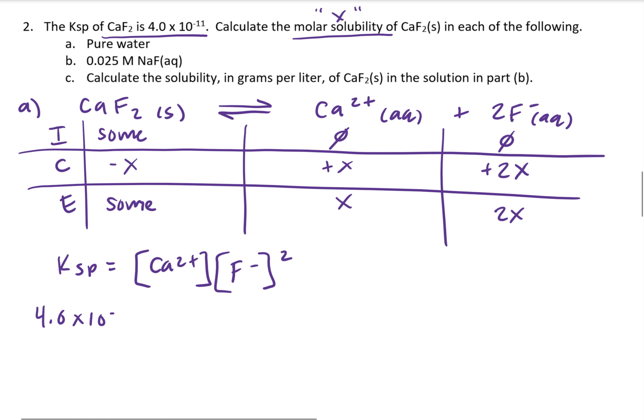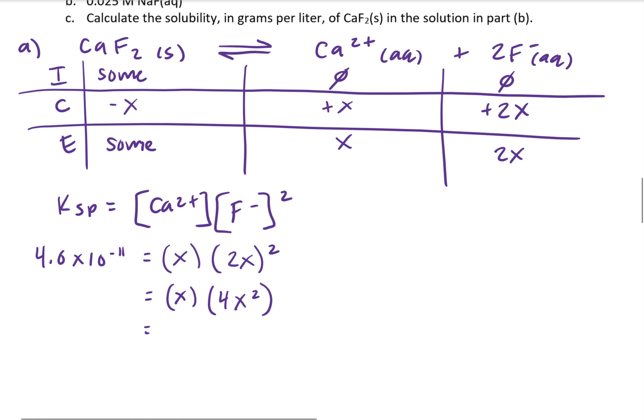And then our equilibrium concentrations of calcium ions and fluoride ions from our ICE chart. So at equilibrium, calcium is X, fluoride is 2X, and that quantity is being squared. So to simplify this, you get X times 2X squared, that's going to be 4X squared, and then times X. So Ksp equals 4X cubed.